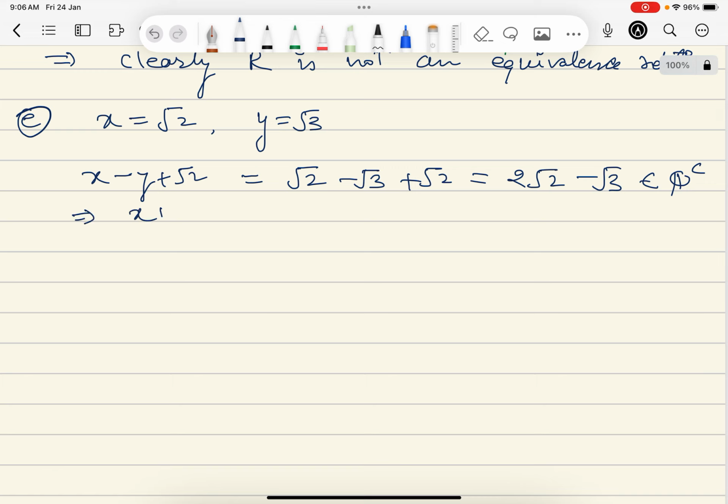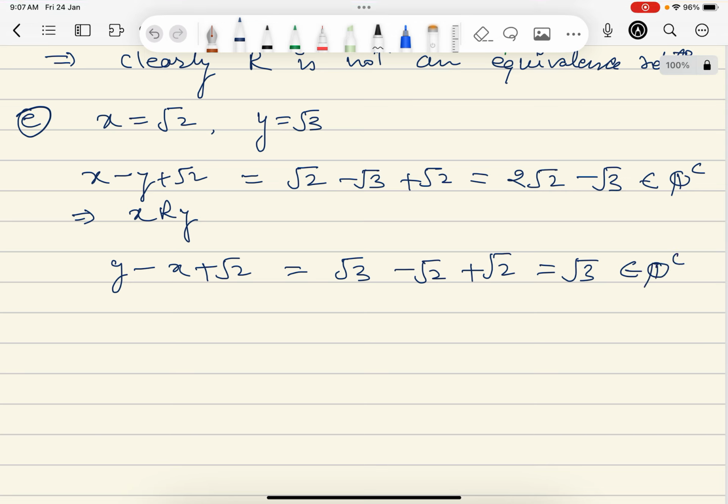This implies x is related to y. Okay, now y minus x plus root 2, which is equal to root 3 minus root 2 plus root 2, that is root 3, which belongs to Q complement. So y is related to, wait a minute, this implies y is related to x, but x and y are not equal.